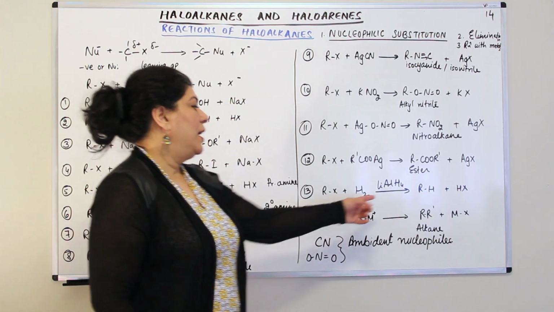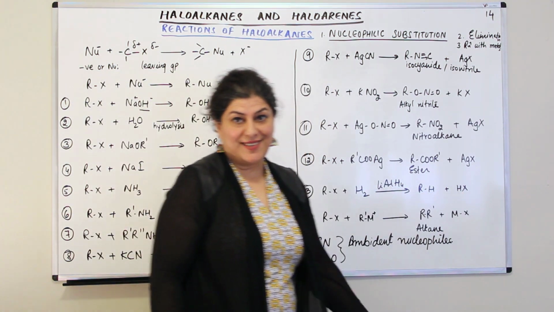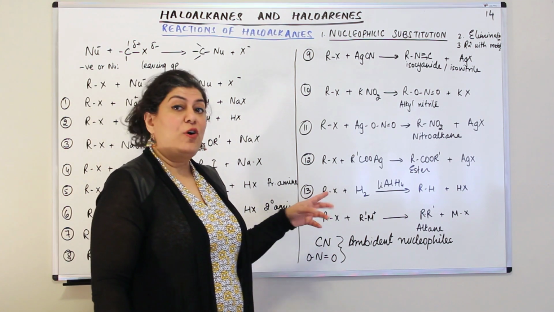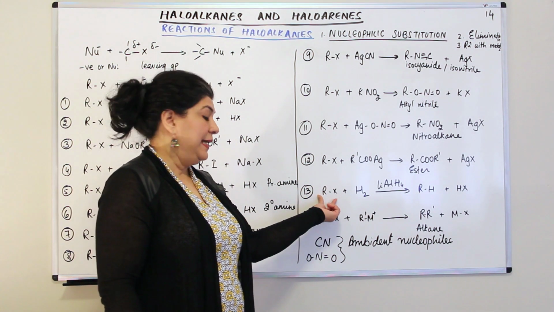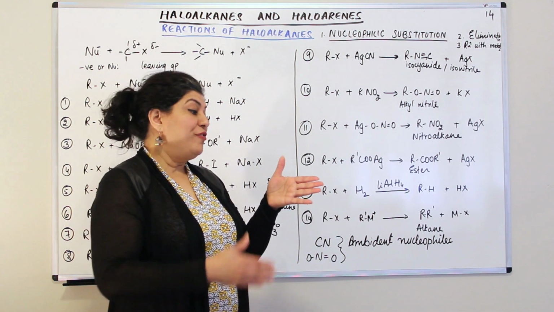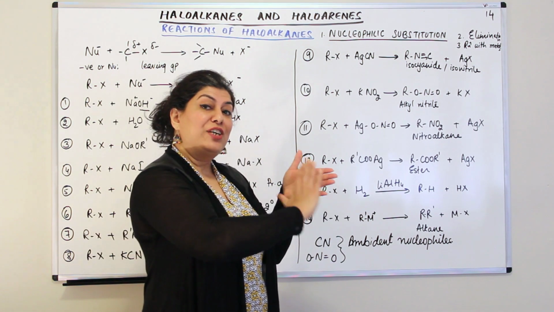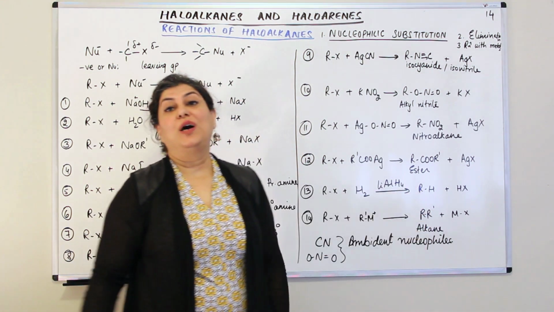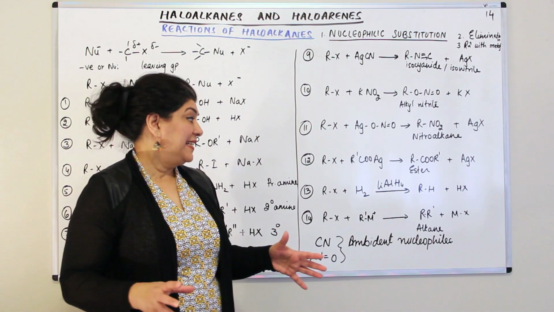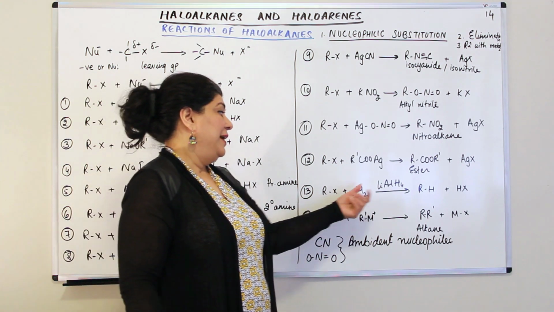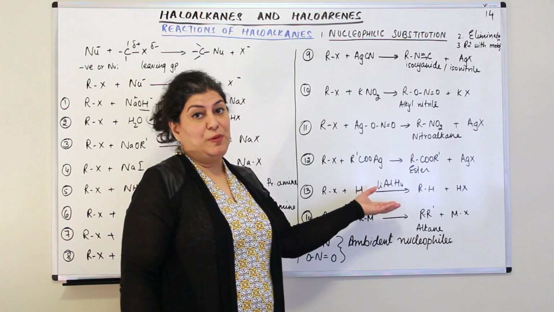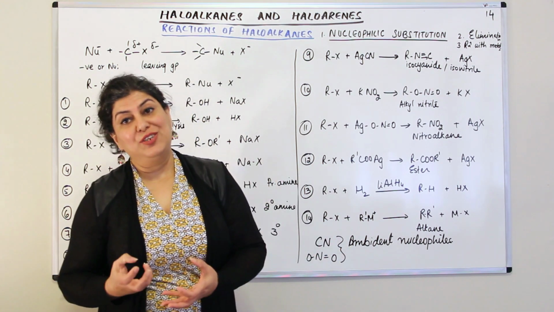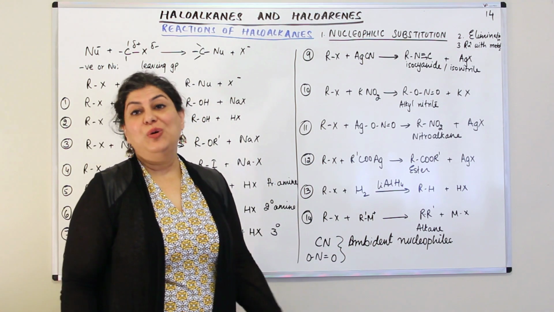So you get RH plus HX. Interesting. We had a functional group or a substituent in the haloalkane. This is a method of removing that functional group or the substituent and getting back the hydrocarbon. This is a technique with the help of reduction, with the help of lithium aluminium hydride. You can obtain the hydrocarbon from its haloalkane.